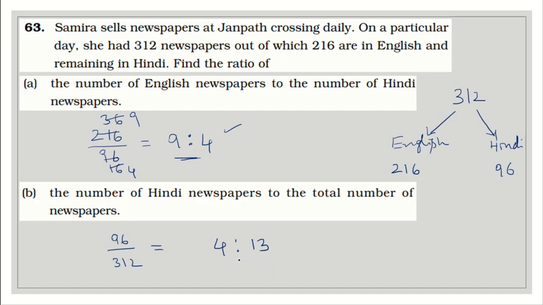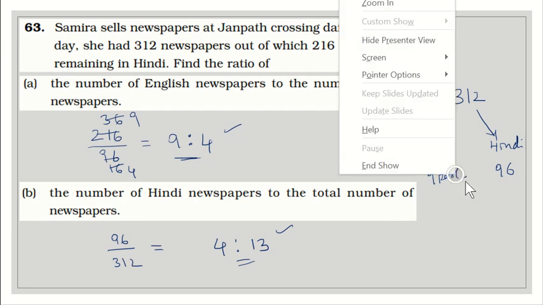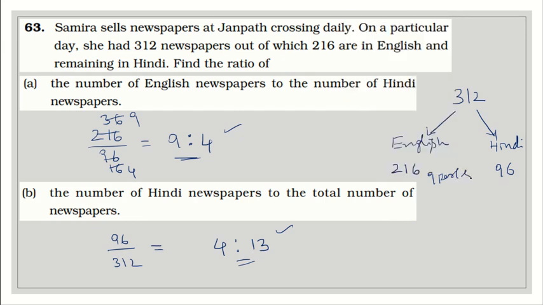As I have already explained in our last session, when English newspapers are 9 parts and Hindi newspapers are 4 parts, surely their sum will be the total number of parts. That's how I got 4:13 without even cancelling.